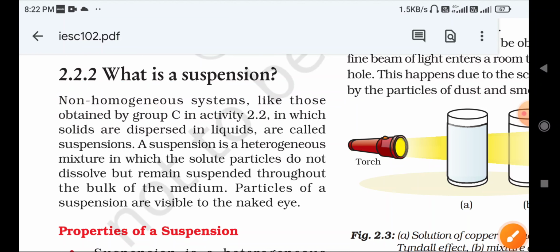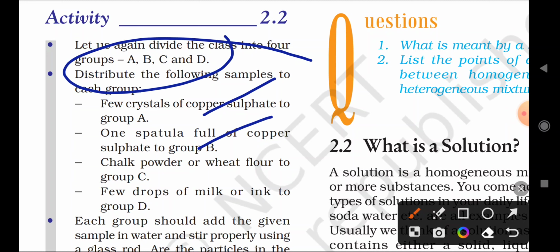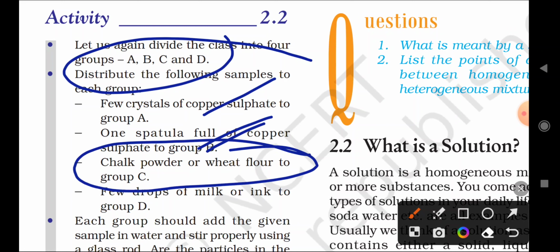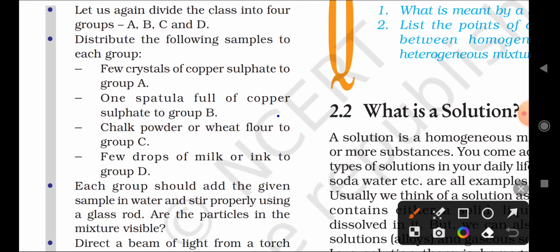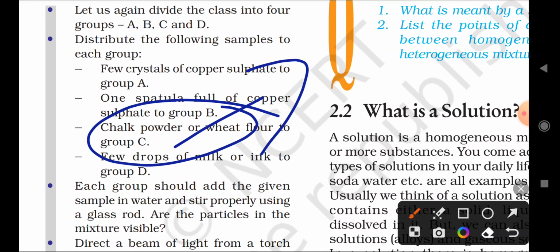In that activity, group A took copper sulfate crystals, group B also took two to three spoons of copper sulfate, and group C took chalk powder and wheat flour. Here our topic comes. This type of solution is called a suspension solution.